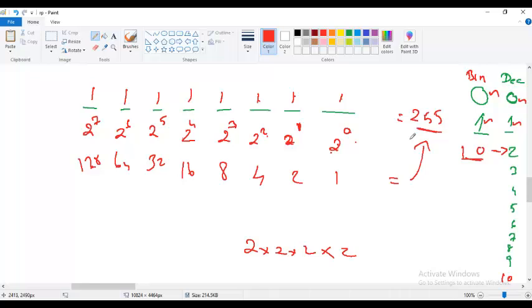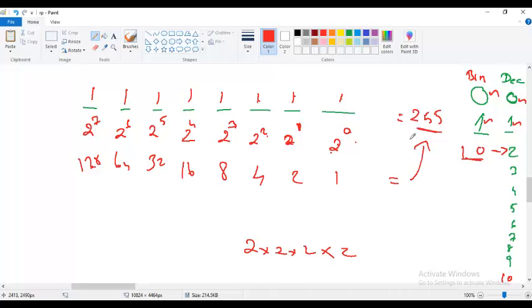And it is binary, that is why we say 2 to the power of 0, 2 to the power of 1, 2, 3, 4, 5, 6, 7. And when all the 8 bits are on, see, binary can be 0 or 1. When we say 1, it means on. When we say 0, it means off. When all the 8 bits are on, the total amount of the face value is 255.